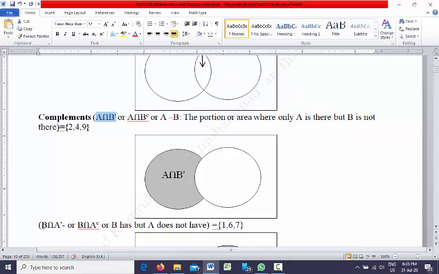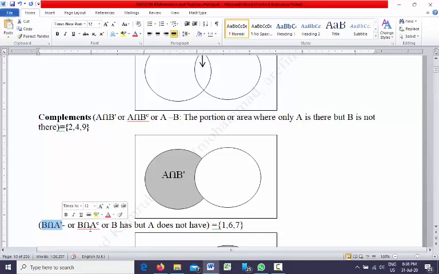Similarly, B intersection A prime means only B should be there, A should not be there.